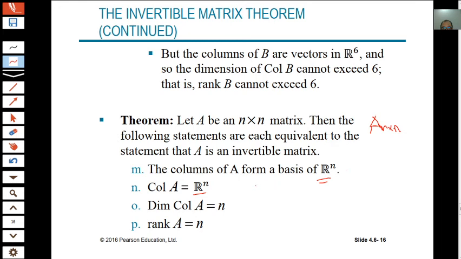Okay, and we know the column space is the set spanned by the columns of the matrix A. So we have n vectors here, and the columns of A form a basis for Rn, which means that all of them are linearly independent, which satisfies the first condition.